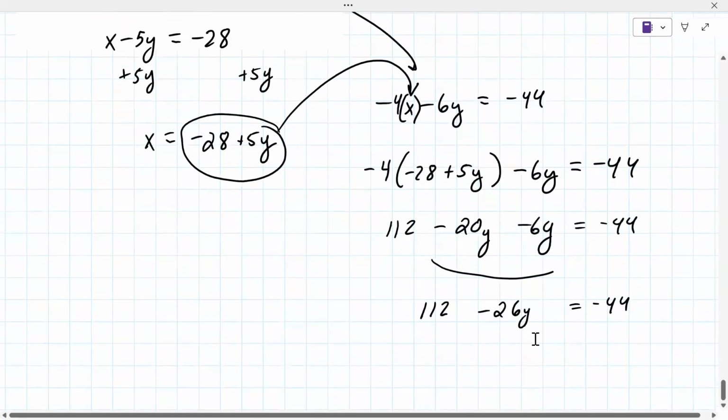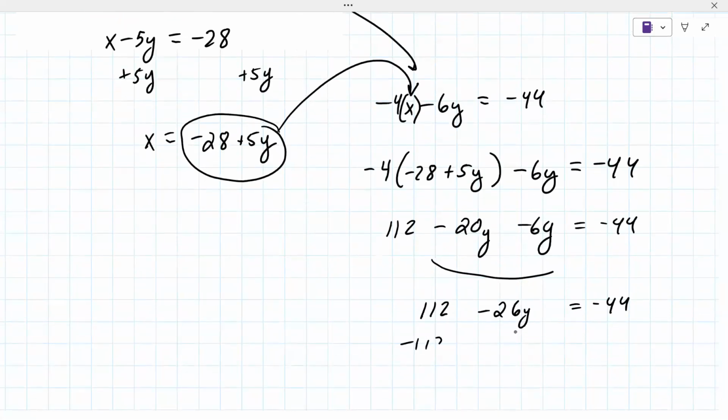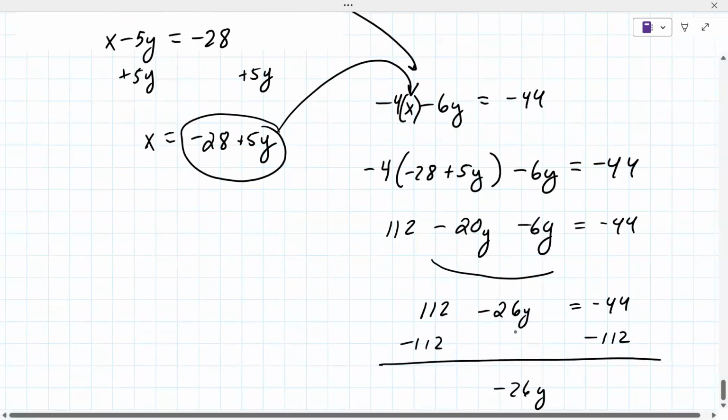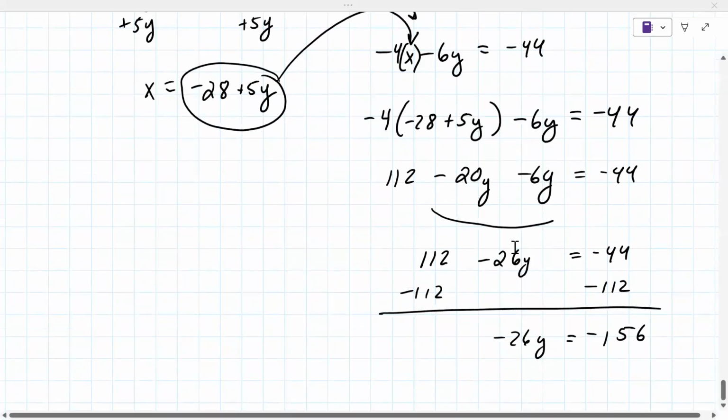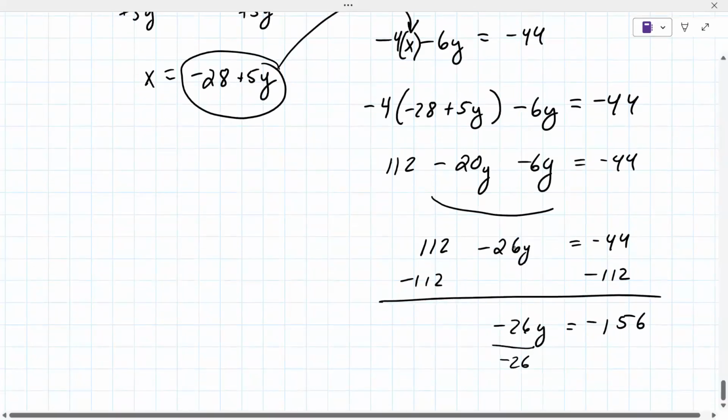Then to solve for y, you subtract 112 from both sides. So you have -26y equals -156. And then you divide both sides by -26. So y ends up equaling 6.